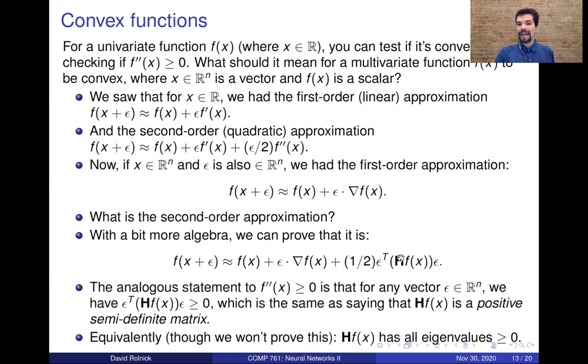You would end up getting the Hessian times the eigenvector, which is the eigenvalue times the eigenvector, dotted with the eigenvector again, so you would just get the eigenvalue for this quadratic form. And if the eigenvalue is negative, then this would be less than 0.